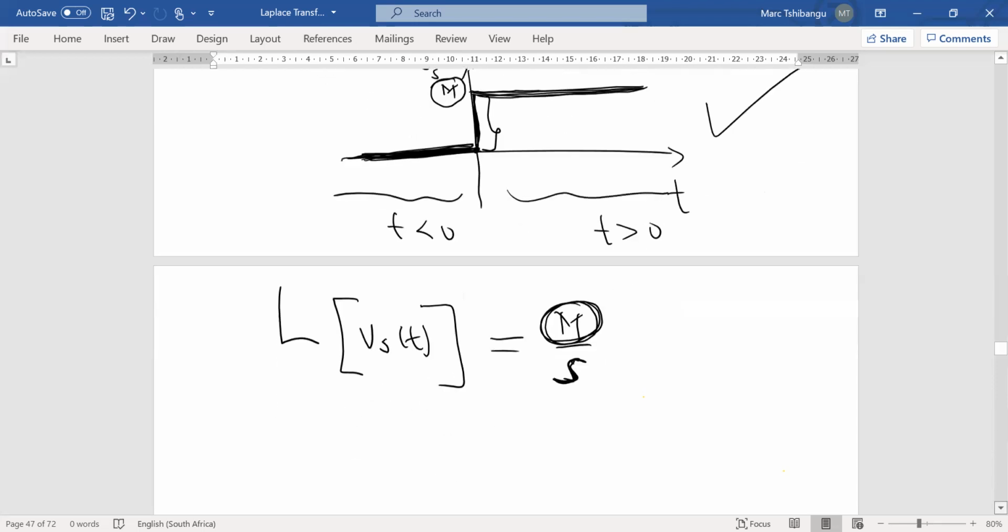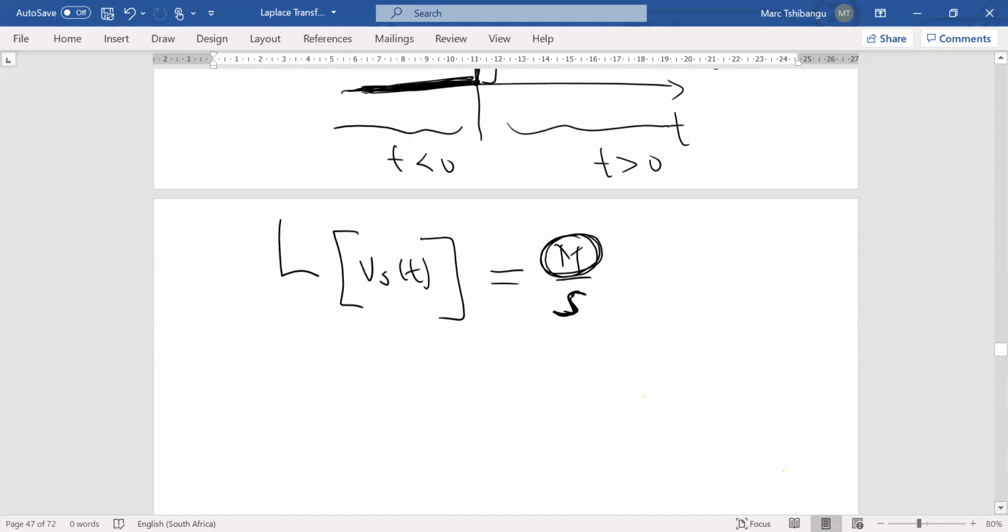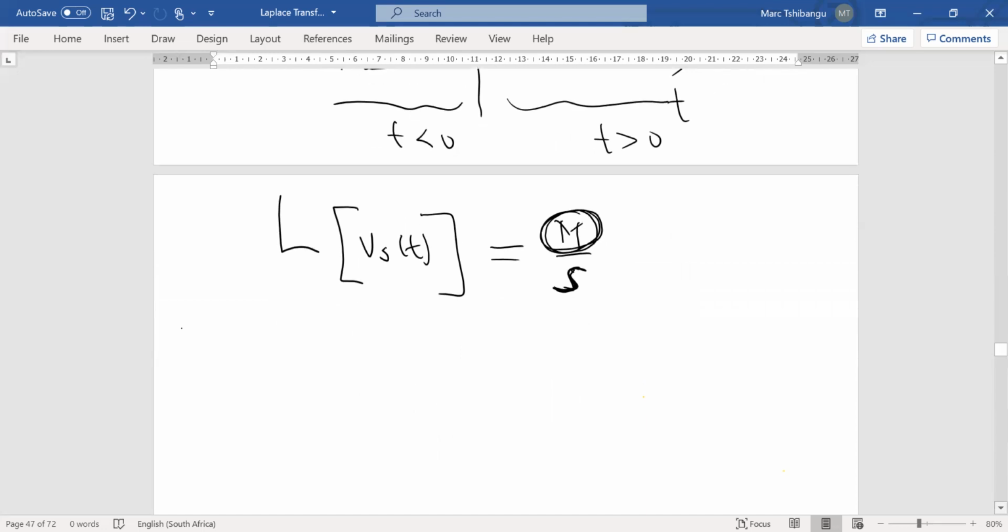And it is important to note that u_s, which is a step function, is defined as a deviation variable.